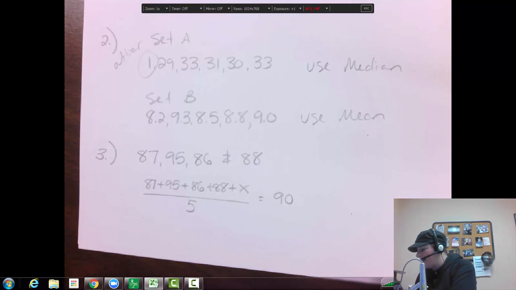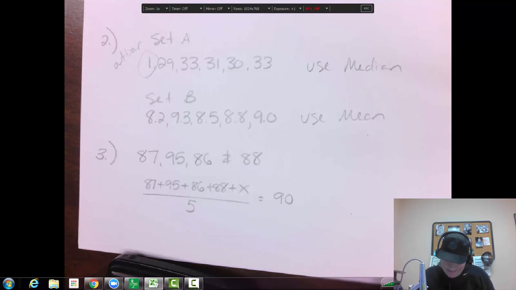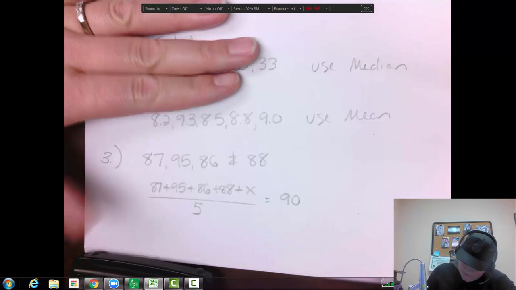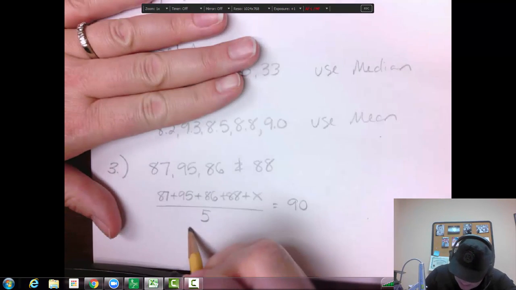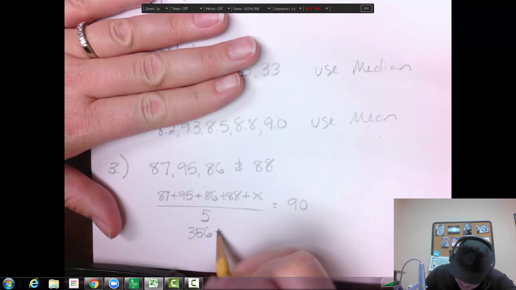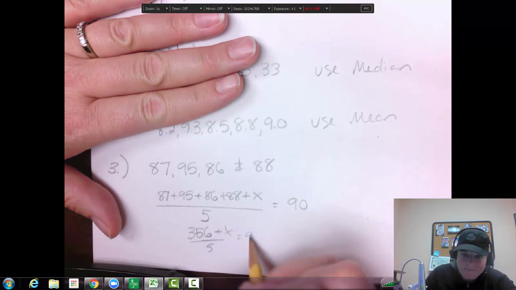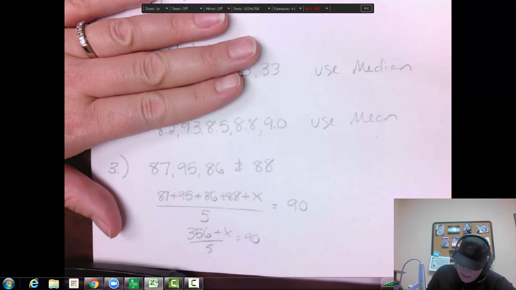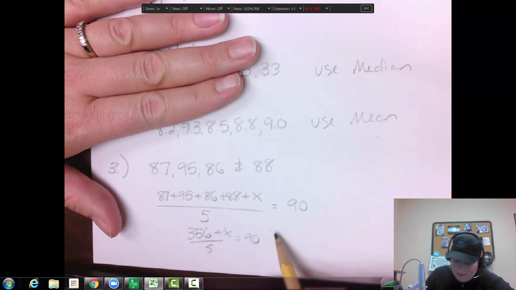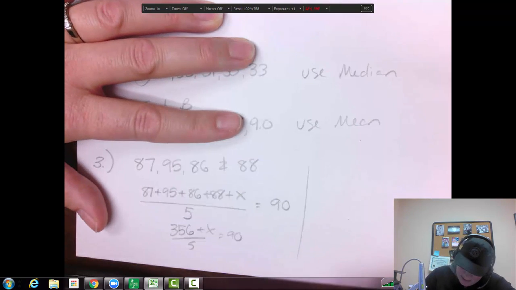I'm going to sneak out my calculator because I don't want to add all of those in my head. So I'm going to go 87 plus 95 plus 86 plus 88, which is going to give me 356. So I'm going to solve this. I have 356 plus x over 5 equals 90. Times that 5 over to the 90 because it's division now, so we got to times it over to get rid of it, and that's going to give me 450.